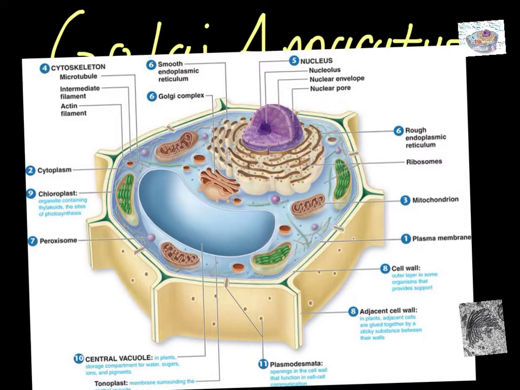So just be careful with that one. It is usually going to be a little bit further away from the nucleus than the ER, and also it has this look to it of different stacks or different layers, whereas I think the ER has more of a maze-like look to it, which is one way to help you tell those two apart. But remember, it is located in both plant and animal cells.